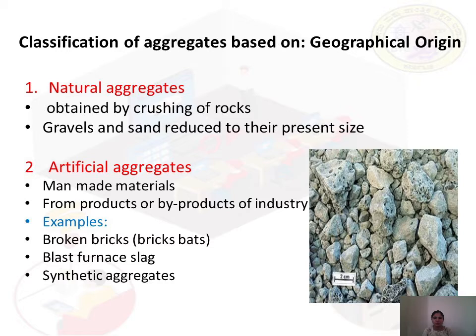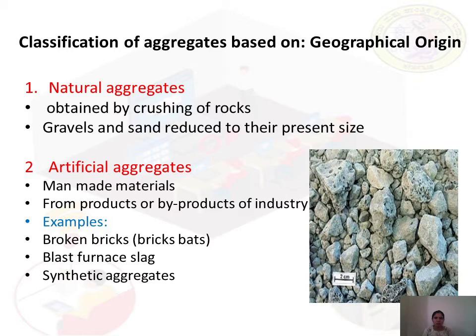The next example is blast furnace slag, which can also be used as an aggregate. Blast furnace slag is formed in the blast furnace during the manufacturing of iron.